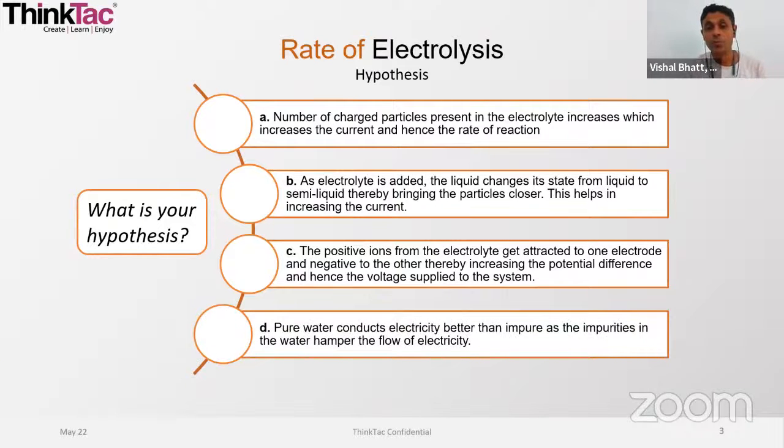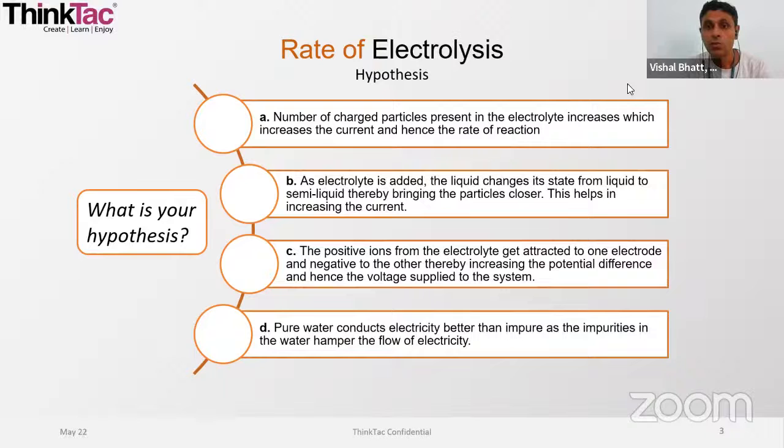And option D is pure water is a better conductor of electricity compared to impure water, because impurities come in the way of the flow of electricity, and hence by adding more salt, the rate of electrolysis will come down.